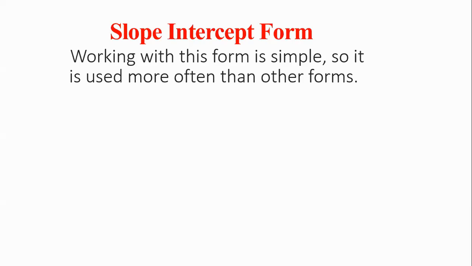That was our first way we learned to find the slope. The second way we learned to find the slope was rise over run, and now the slope-intercept form is our third way, which is the simplest way.